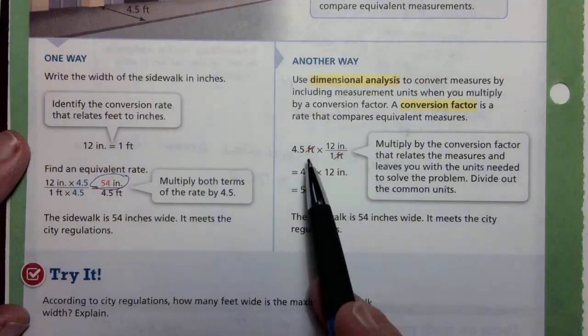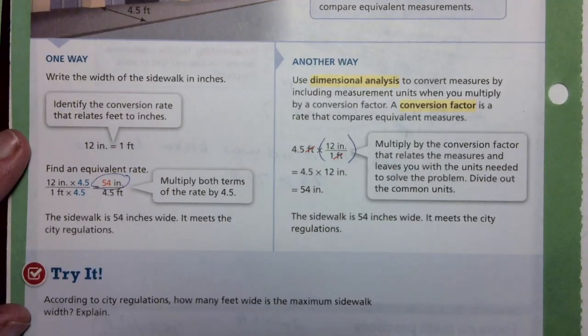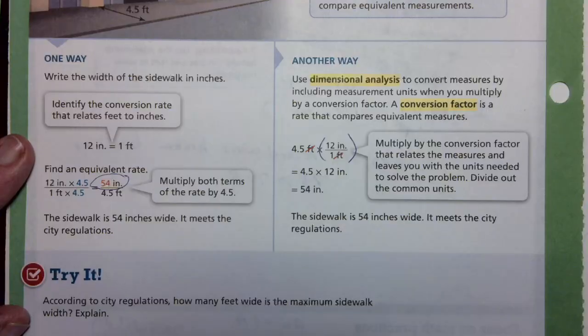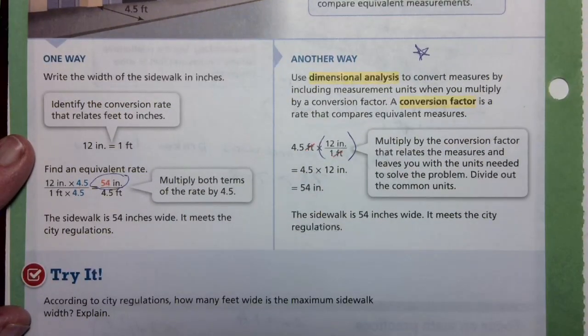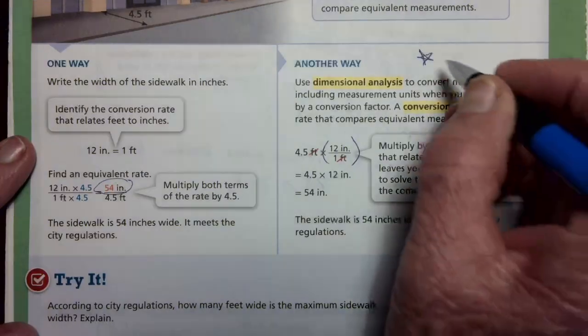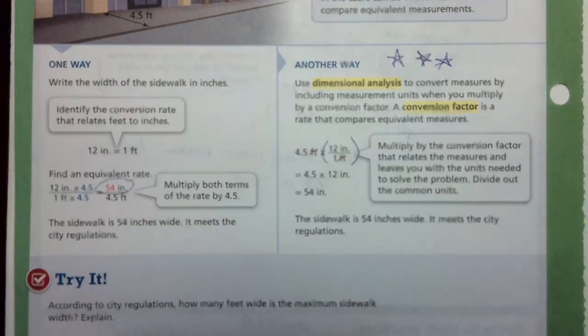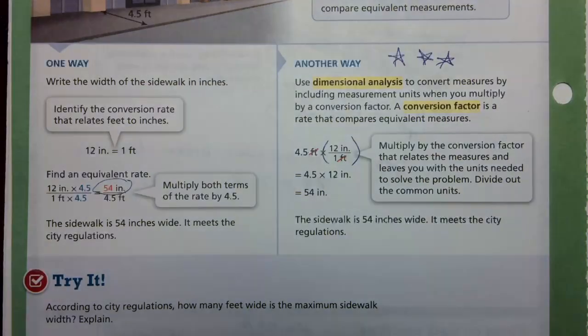I took the 4.5 feet and multiplied, and I just used parentheses instead of that X right there. So this is what I use. It's called dimensional analysis. This is the one I prefer that you learn and use. And you'll use this or should be using this a lot in science class also.